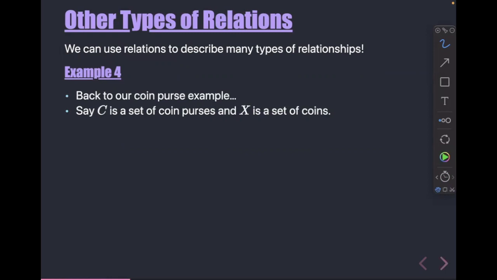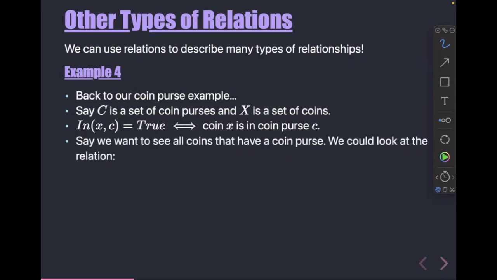You have your set of coin purses C, and X is your set of coins, and you had this predicate in, which is true with X and C if coin X is in coin purse C. So basically this is just telling you whether or not coin X is in coin purse C.